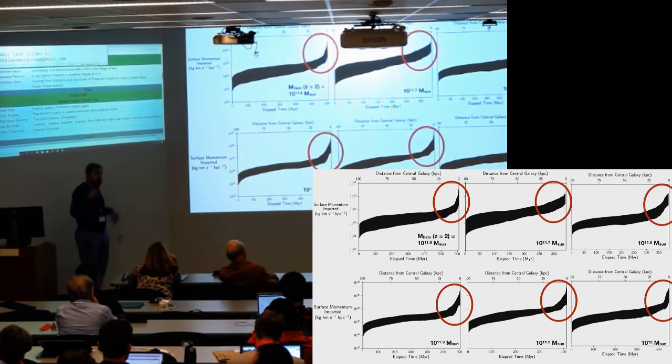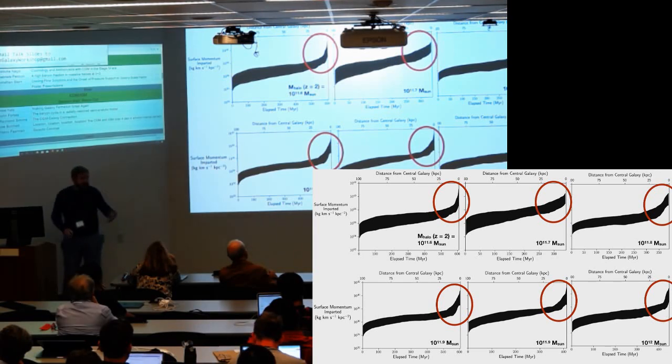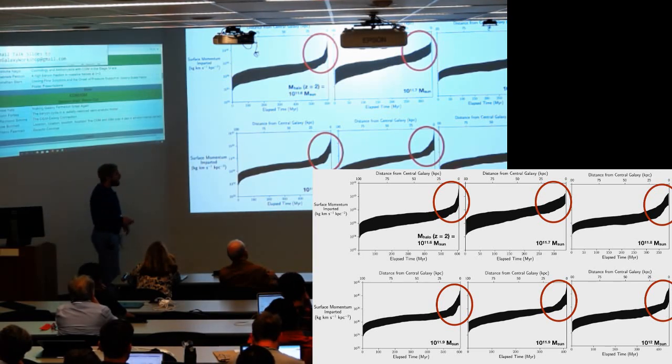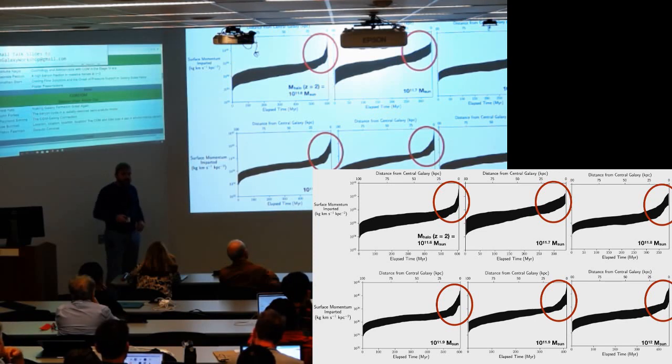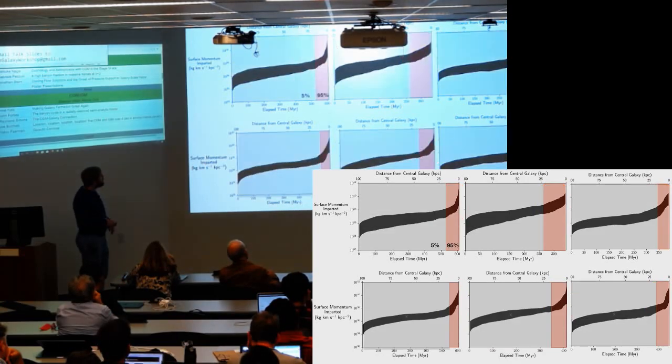These things are quenching, their gas is being removed almost immediately before they merge with the central. So the implications for the fraction of galaxies that are quenched are not that strong, but this does have strong implications for the amount of mass and momentum that's deposited onto the central galaxy, if these things are actually losing a lot of mass right before they merge.